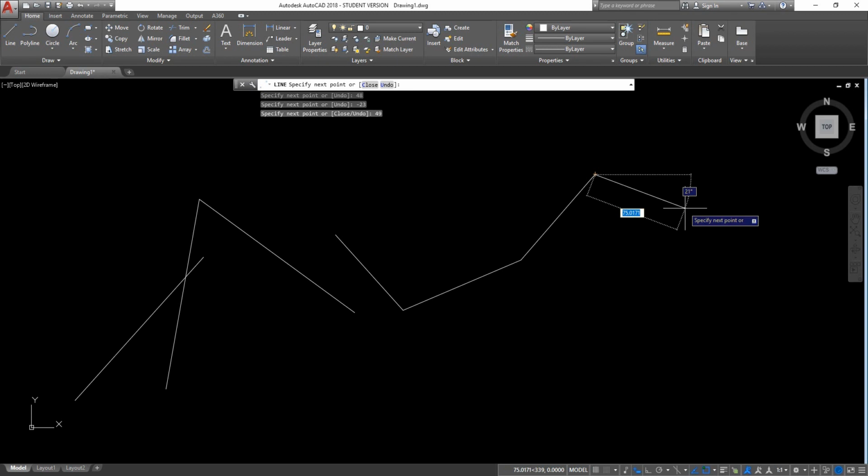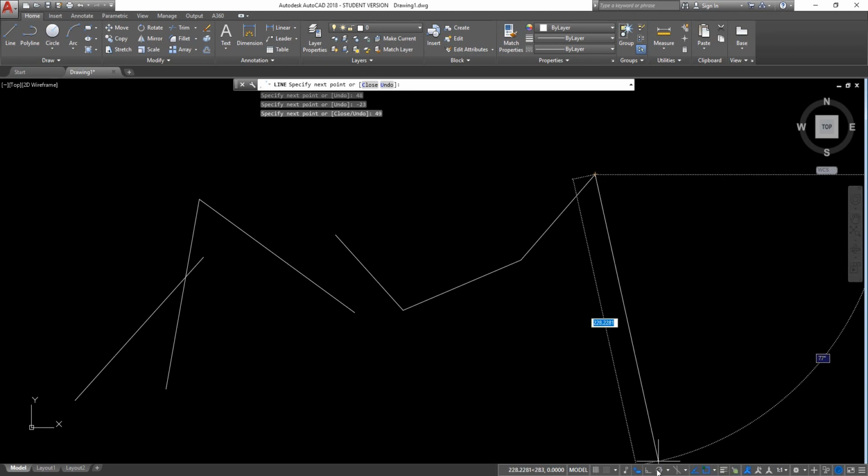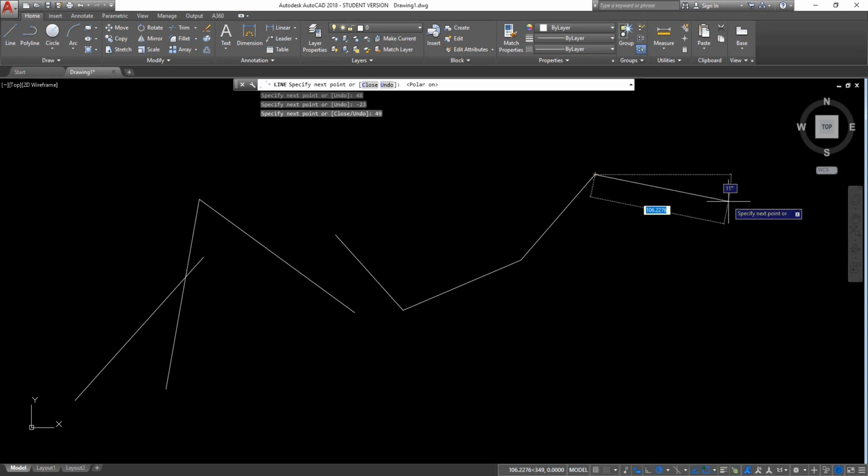Okay. Now presenting another function, here the polar. The polar function, as you can see, draws a dashed line when you approach some angles. For example, 15, 30, 45, excuse me, say 60, 75, 90, okay, and so on.